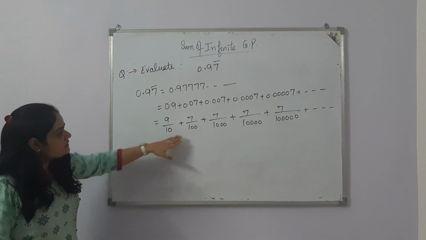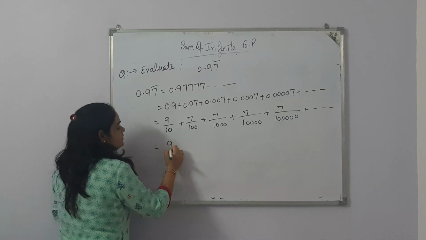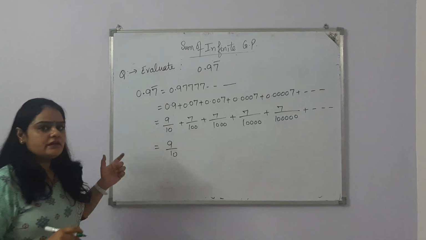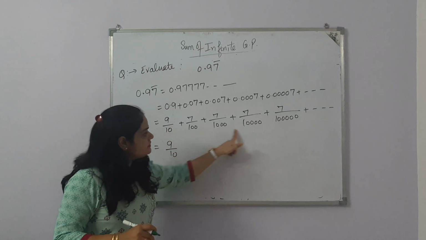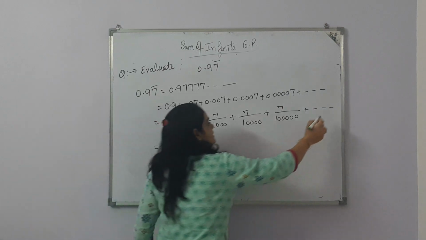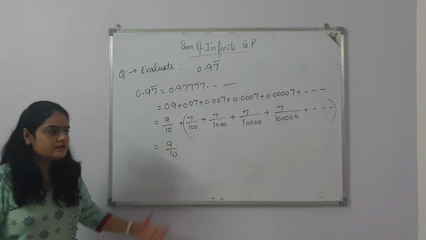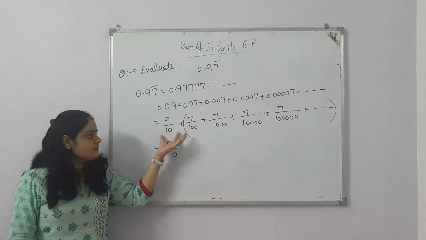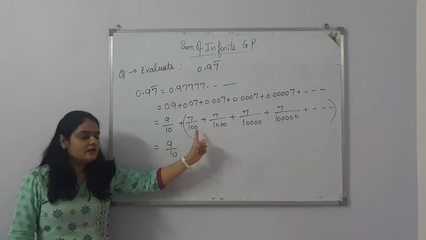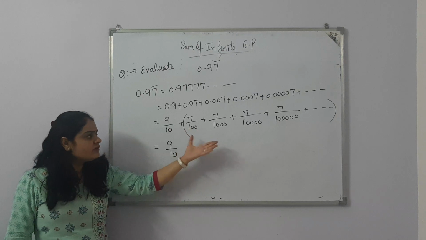So this is the series now. What you are watching is that it contains a special pattern except 9 by 10. Except 9 by 10, we put these terms in one bracket.